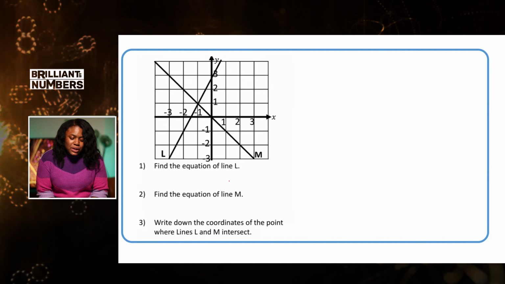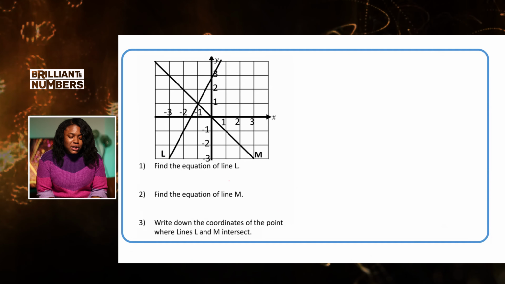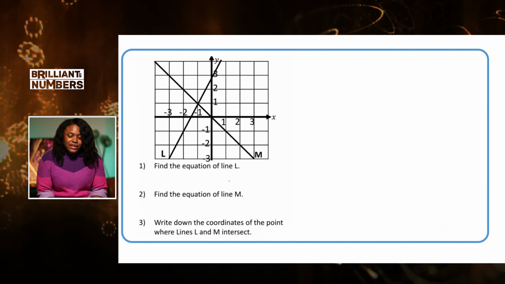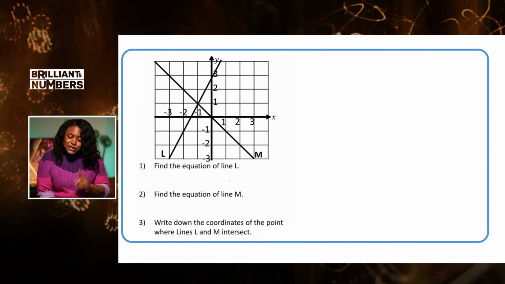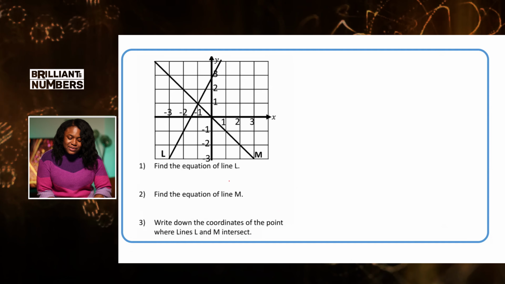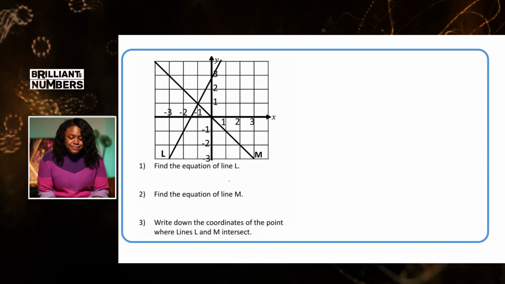Here we are asked to find the equation of line L in part 1, and in part 2 find the equation of line M. Then in part 3 write down the coordinates of the point where lines L and M intersect.